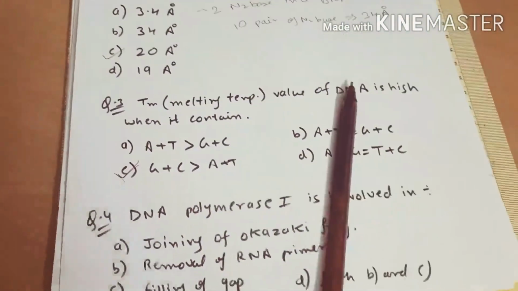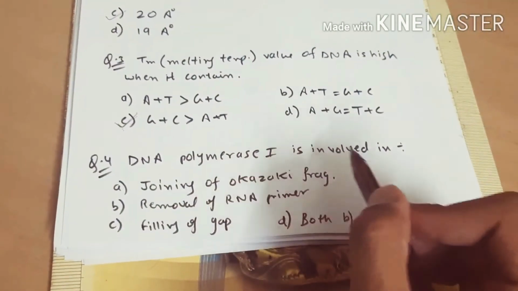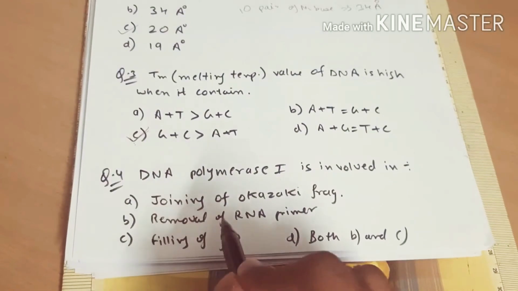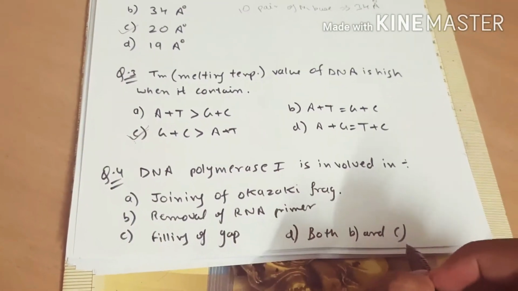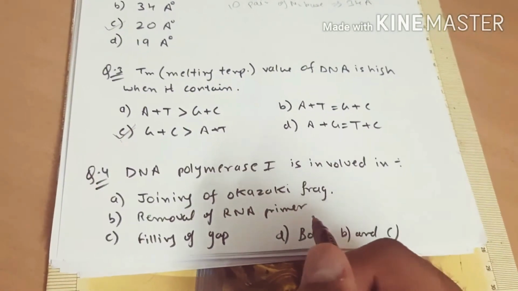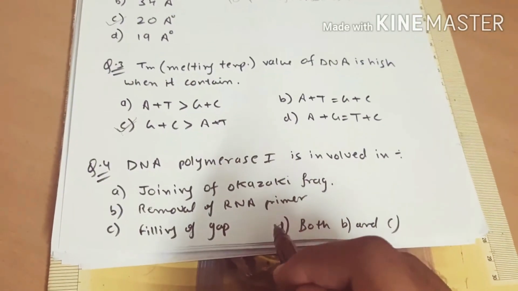Now question number 4 says DNA polymerase 1 is involved in joining of Okazaki fragments, removal of RNA primer, filling of gap, or option D, both B and C. For joining of Okazaki fragments, there is an enzyme called DNA ligase, so option A is incorrect.